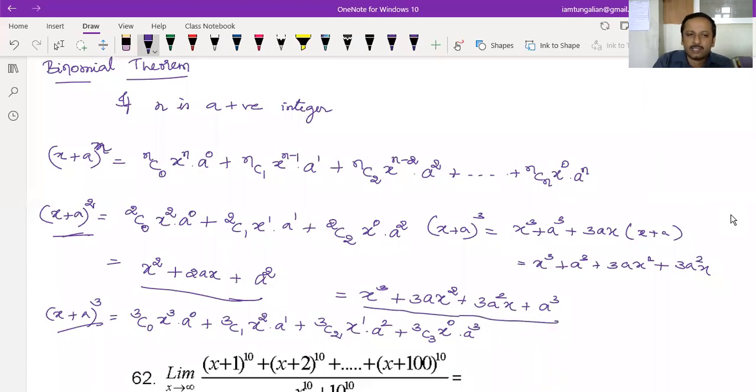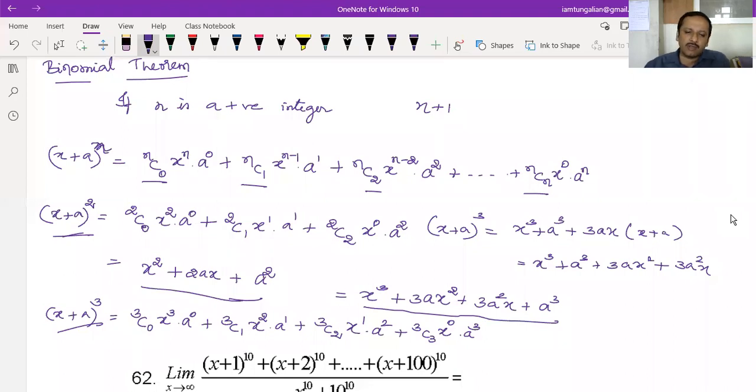So in the expansion of (x plus a) whole power n, the number of terms will be n plus 1, because starting with nC0, then nC1, nC2, nC3, up to nCn. So there are n plus 1 terms in this expansion.